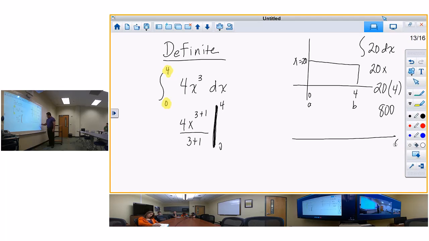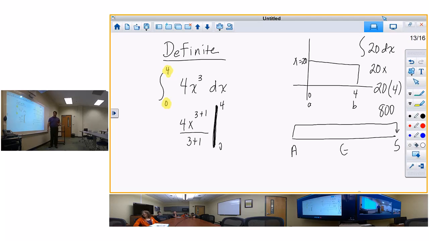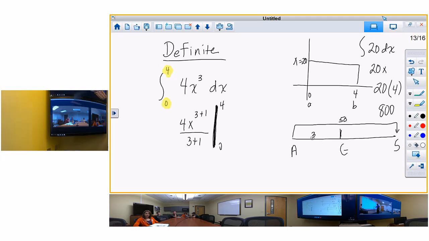Let's say this is Spartanburg, this is Greenville, and this is Anderson. We know that Anderson to Spartanburg is, I know some people in here are going to say that's not right. Shut up. It's an example, okay? Let's say 50 miles for mathematical purposes. It's easy to take away from 50. And we know that from Anderson to Greenville is 30 miles.